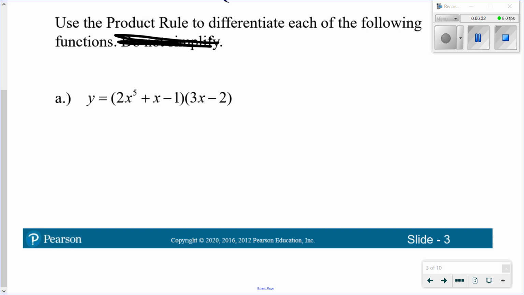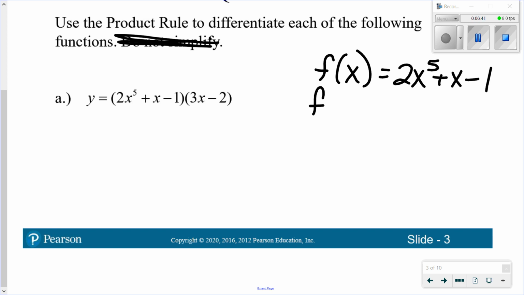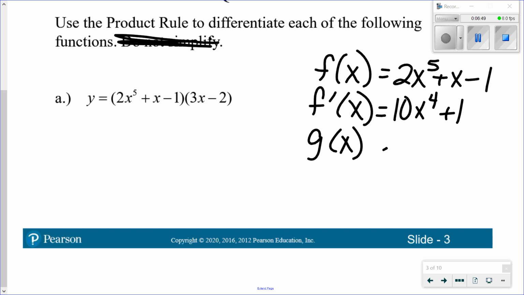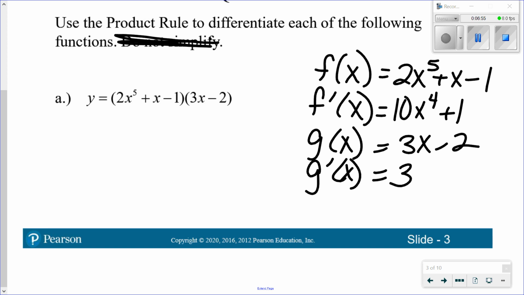I'm going to go ahead and write f of x equals 2x to the 5th plus x minus 1, f prime is 10x to the 4th plus 1, g of x is 3x minus 2, and g prime of x equals 3.